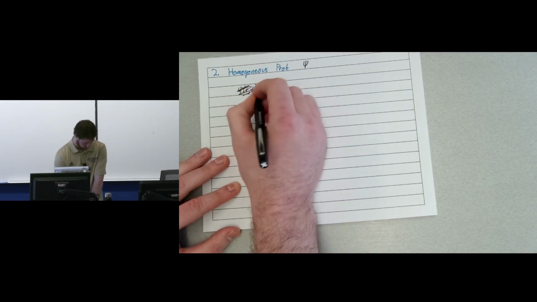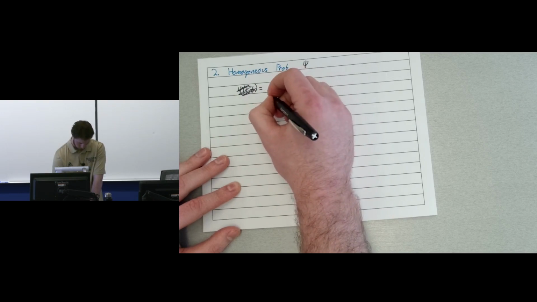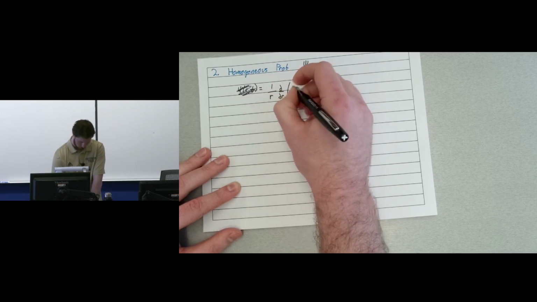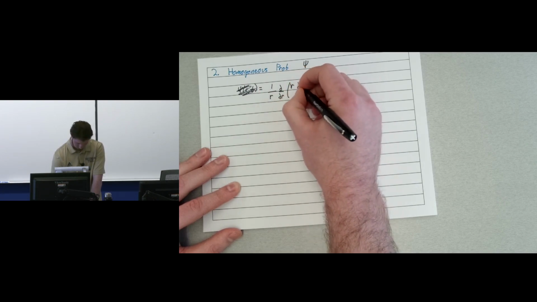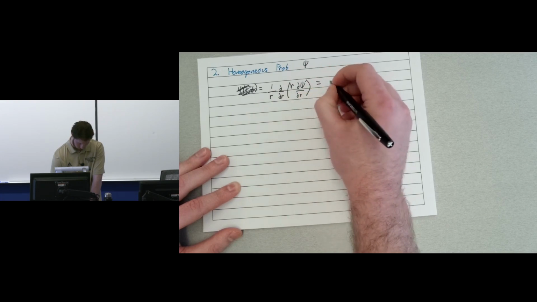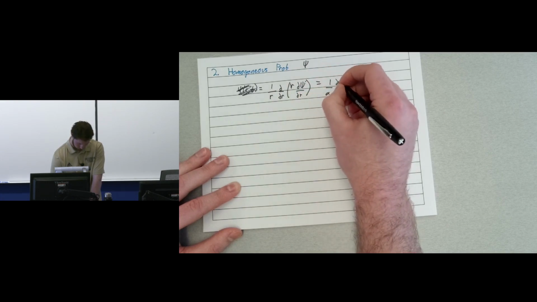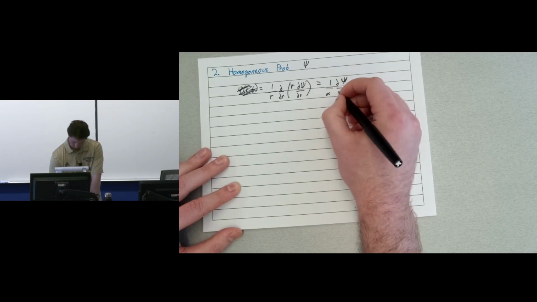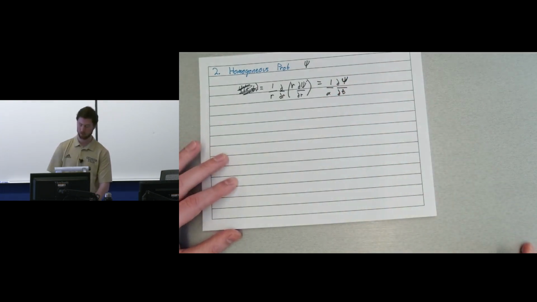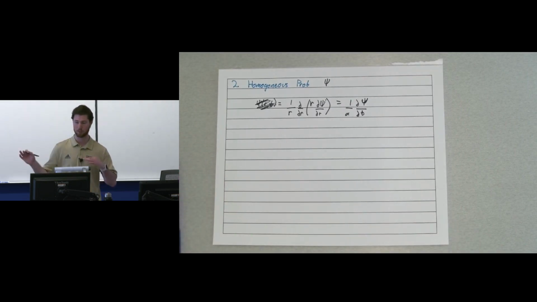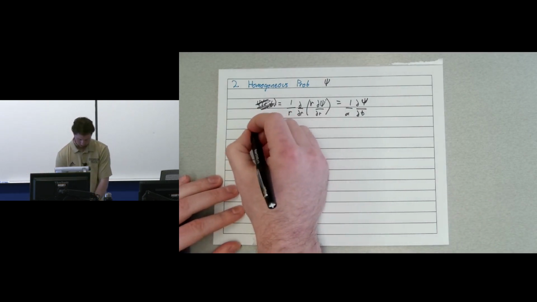Oh, skipping a step, sorry. 1 over r d dr of r times our differential of psi is equal to 1 over alpha, psi dt. I really hate writing that. And since this is a homogeneous problem, we're dropping the generation term. That'll be non-homogeneous.